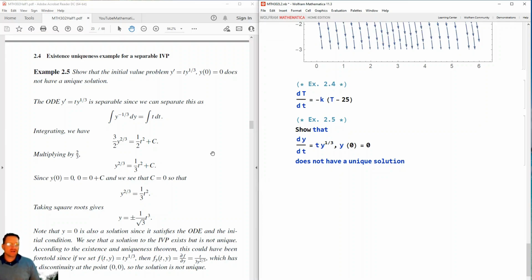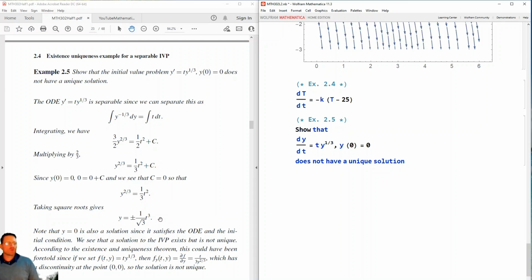Now let's use our initial condition y of 0 is 0. So we sub in 0 on the left hand side and 0 on the right hand side. So that would give us c is equal to 0. Okay, so far we've got y to the power of 2/3 is 1/3 t squared.